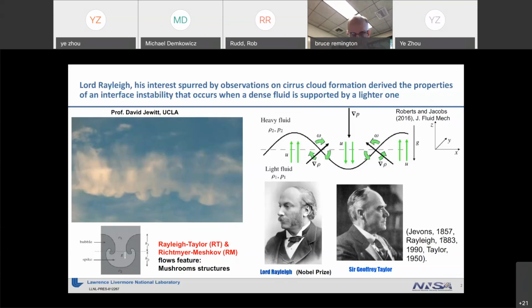So here I have a sketch of how the Rayleigh-Taylor instability starts. You have some heavy fluid on the top with a higher density, and you have the light fluid a little bit lower here with a lower density. And they are separated by some kind of interface between them.